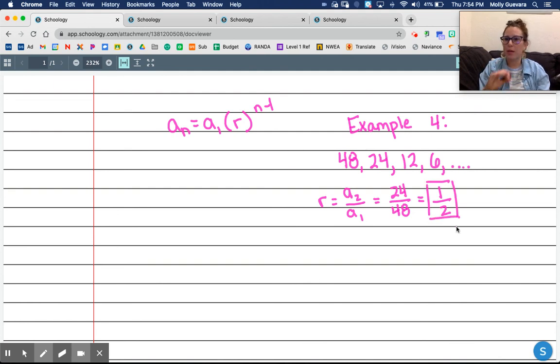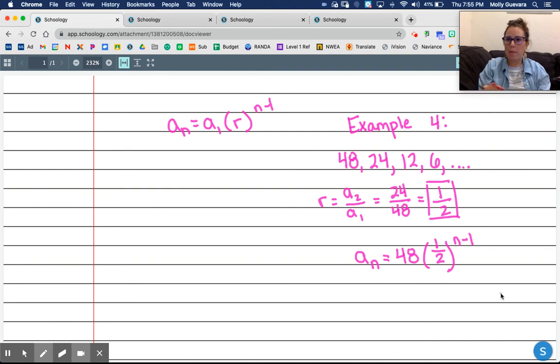I cannot put into my equation dividing by 2. Okay, so hopefully that makes sense. So then when I go to write the equation, I have a sub n equals my first term, which is 48, times my multiplier, 1/2, to the n minus 1.